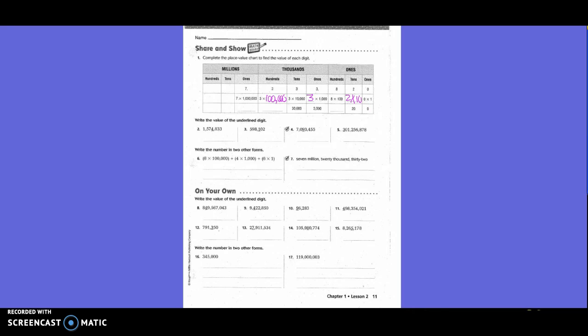So then for this next part, basically we're going to do the multiplied part together and then show what it would be in the other way of expanded form. Alright? So basically if I took 7 times 1 million, what would I get? 7 million. So I'm going to write 7 million here.